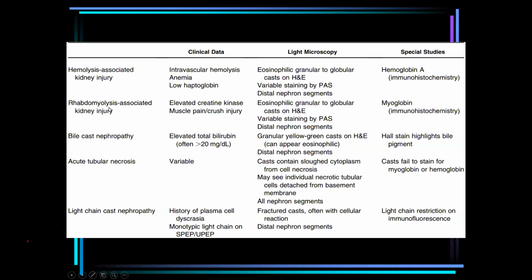Again, speaking about rhabdomyolysis-associated acute kidney injury, or myoglobin cast and acute kidney injury, usually this occurs when the CK is very high. Speaking about several thousands, not just 400 or 600. It must be several thousands, for example more than 6,000, in order to diagnose this myoglobin-associated acute kidney injury.